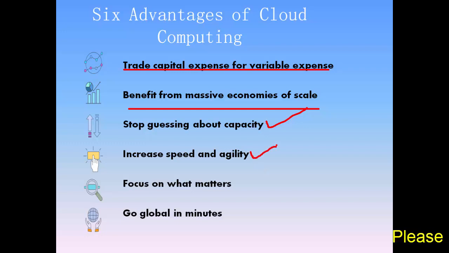Increase speed and agility means speed. If you think of setting up your own data center, first you plan what capacity you require, then the procurement department goes to the vendor, then after that setting up, updating all the hardware and software, it can take a long time.